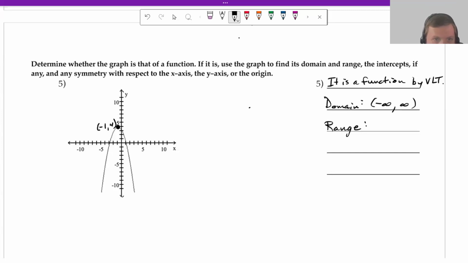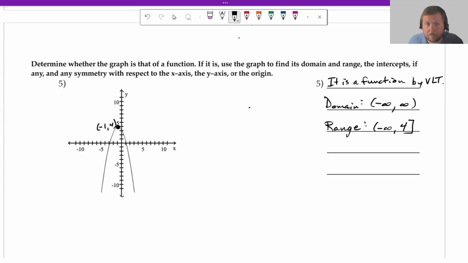Don't be tricked by that 5 right there. Count the notches, 1, 2, 3, 4. That y value is 4 there, and it doesn't go above 4. 4 is the highest value. It's the absolute maximum for this function. So my range is going to be -infinity up to and including 4. I need to make sure I use a square bracket, because that 4 is actually on the function. That's the highest y value the function has.